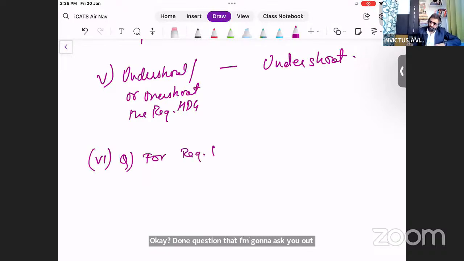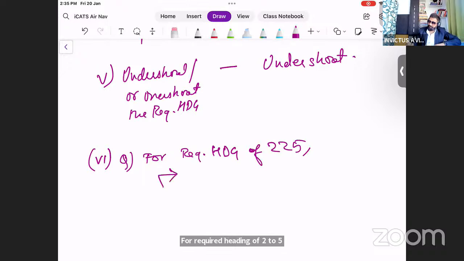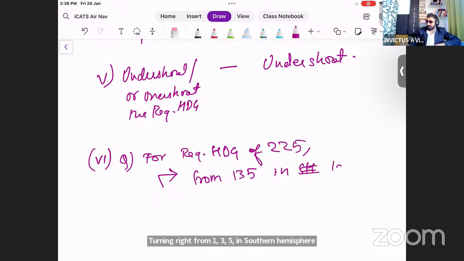For required heading of 225, turning right from 135 in southern hemisphere, or I can say in latitude 35 degrees south. Okay, questions would come with respect to meridian and latitude also.